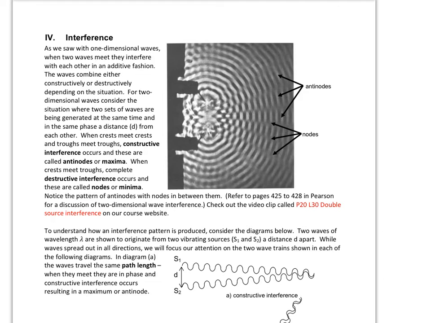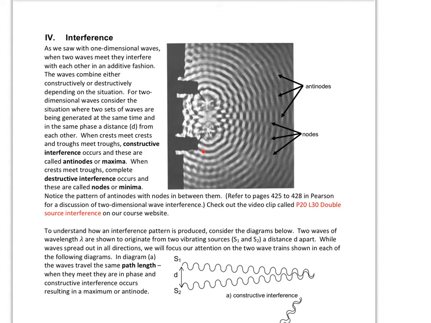So if we have this situation where two sets of waves are being generated at the same time and in the same phase, meaning same wavelengths, etc., where they meet is important. We'll talk about that. So we have a wave being generated from this point here and from this point here, and you can just see these are like the ripples coming outwards.